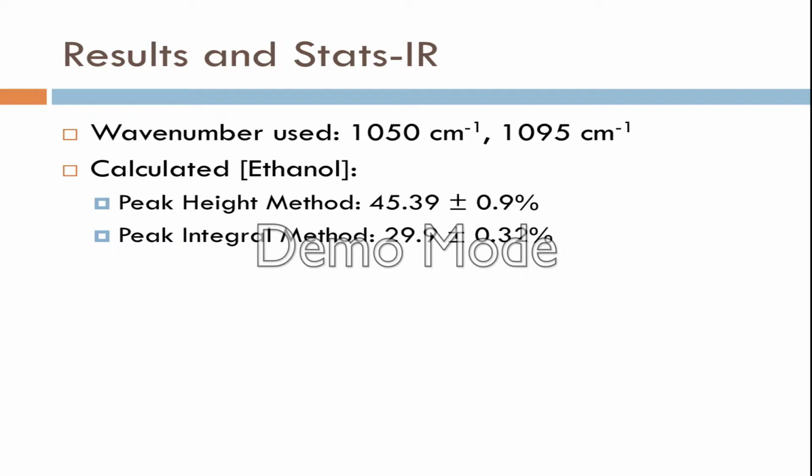Using the peak integral method, we got 29.9% plus or minus 0.32%, also not within the range of our literature value of 40%. So the peak integral method was definitely worse than the peak height method.